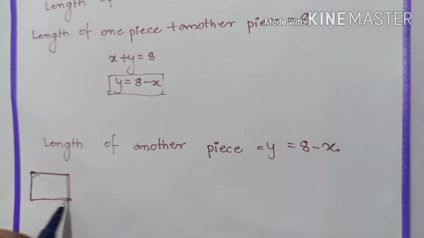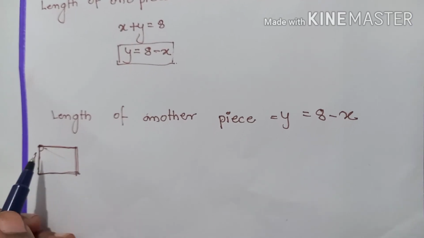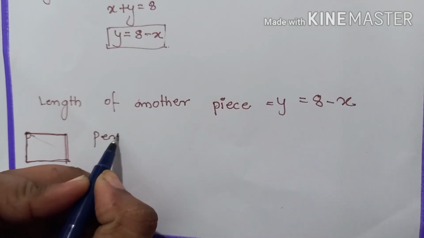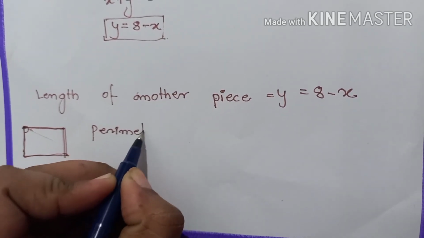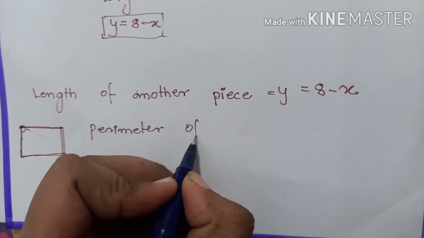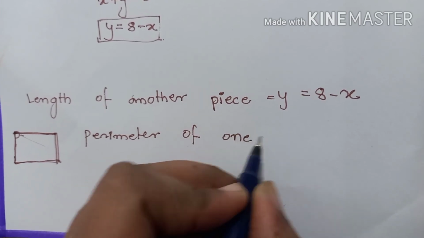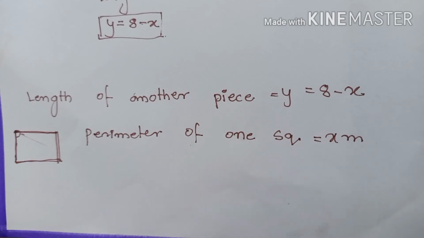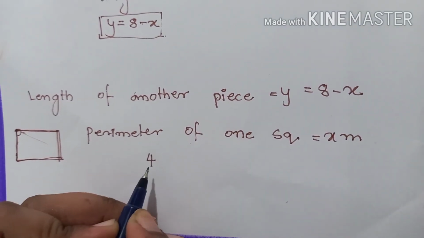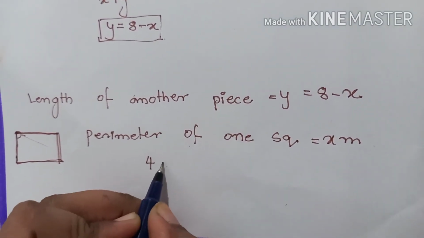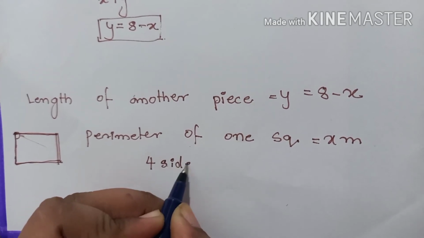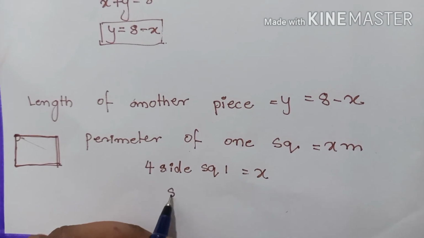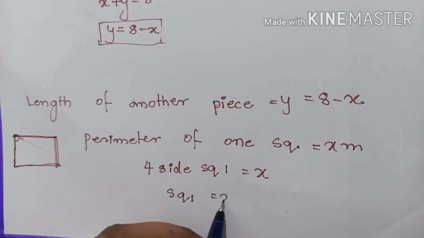Boundary represents the perimeter. So the perimeter of the first square be x meters. We know the perimeter formula is 4 into the side of square 1, which is x meters. That means square 1 side is x by 4.